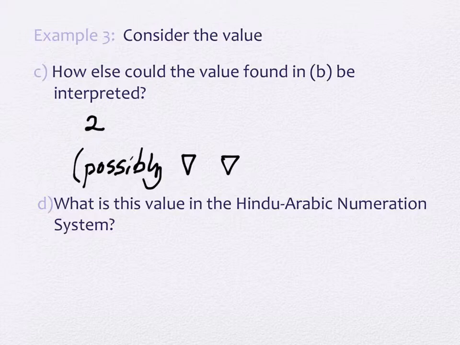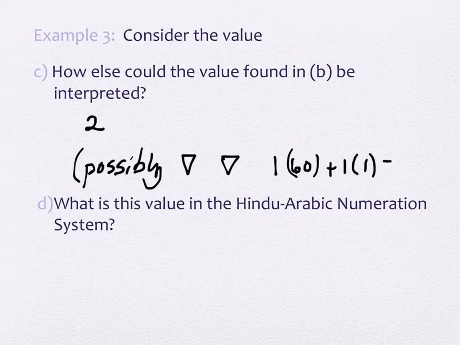Visually think about it that way. And you could think that you have 1 60 and 1 1. So this would be the number 61. So there is the chance for that happening as well. But the bigger problem is the first one. That's the more likely thing that could be problematic, that it could be interpreted as the number 2.